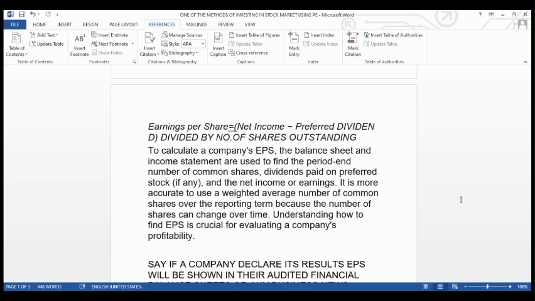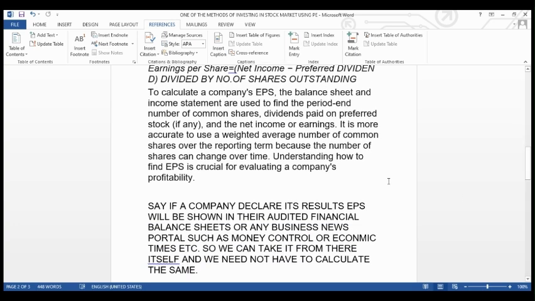It is more accurate to use a weighted average number of common shares over the reporting term, say the last quarter, because the number of shares can change over time. So, understanding how to find the EPS is crucial for evaluating the company's profitability.